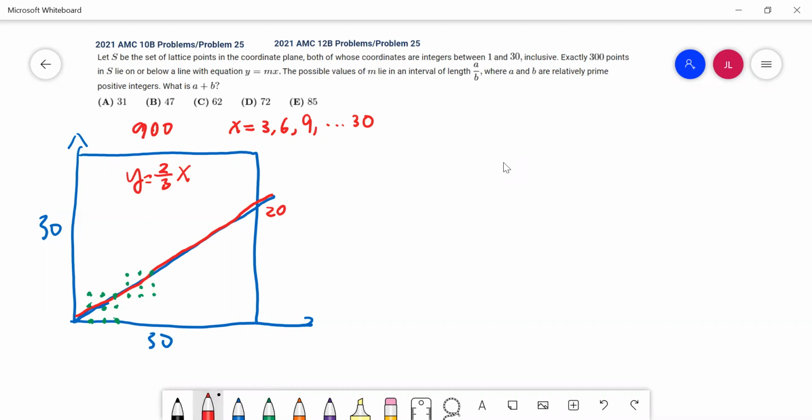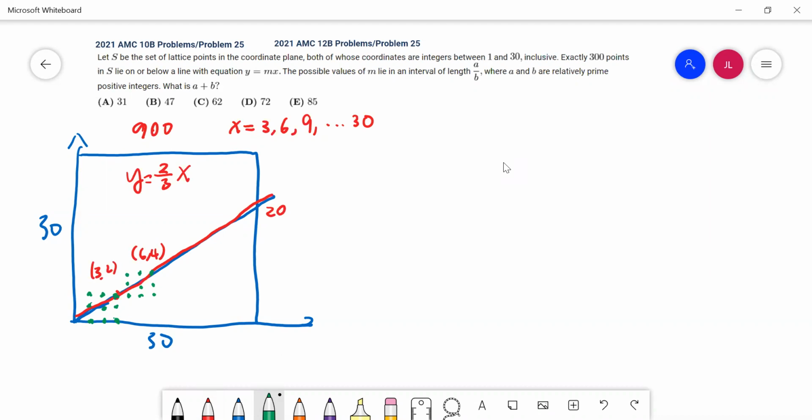So this must go through this point, that will be (3, 2), and this is (6, 4). Then we look at the next point, 9. So this goes through here. These dots are below and these points are on this line, right?